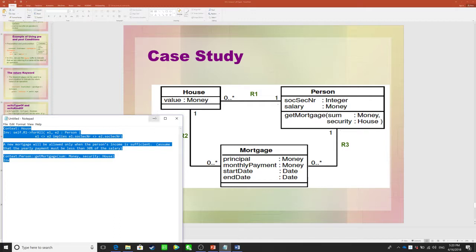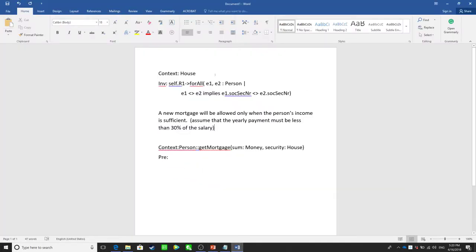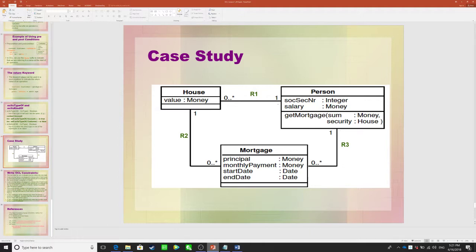Yeah. Let's see. Okay. Here. Person, mortgage. Yeah. So we actually don't have to change the context. We can still use self. Okay. Self dot. Let's see this diagram.